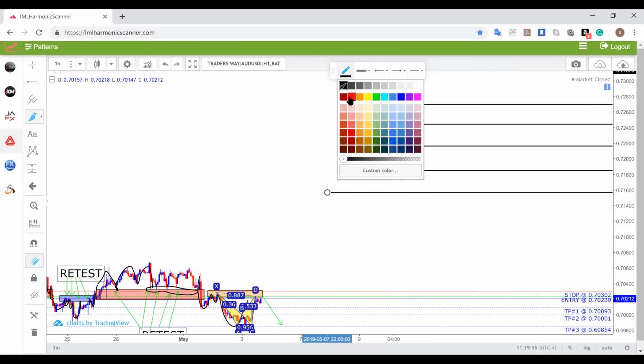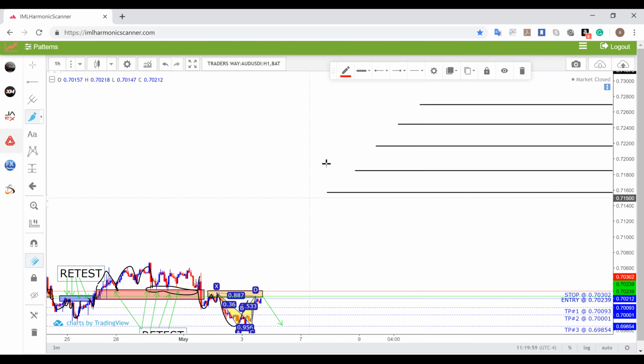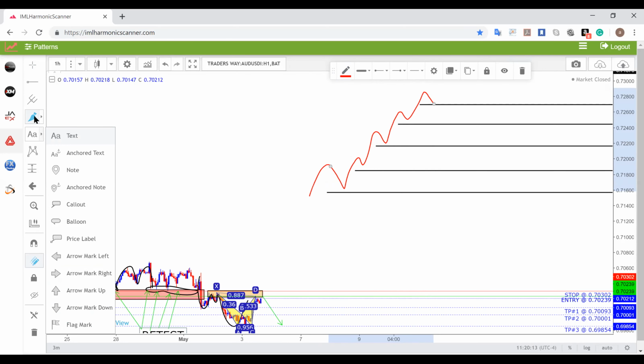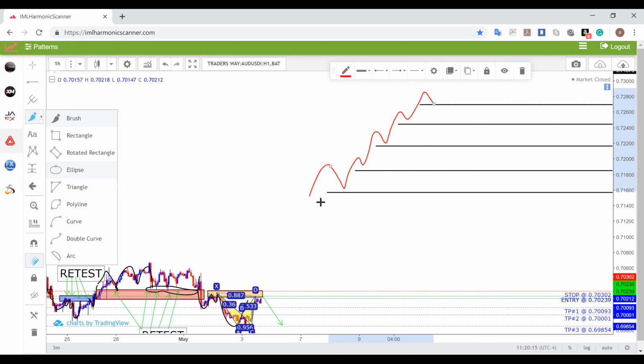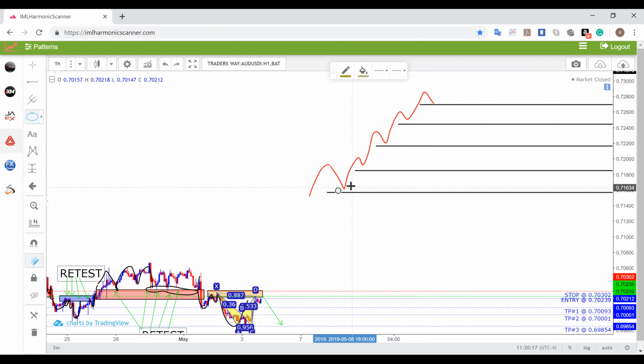All right, so support. We have support as red, right? So you know why this always stops. Down, up, down, up, down, up, down, right? Then we have these points as support, right?